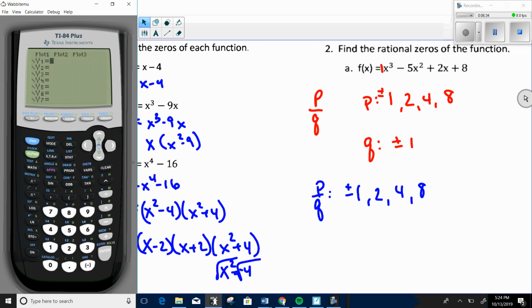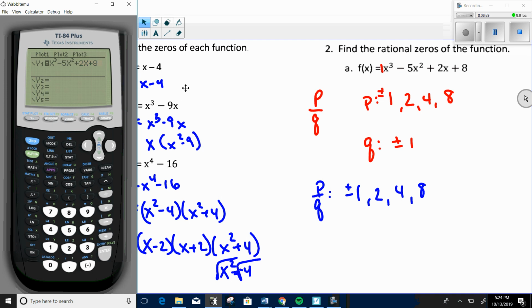So we type in x to the third power, make sure you hit the right arrow key, minus 5x squared, hit the right arrow key to bring that out of the exponent, plus 2x plus 8.